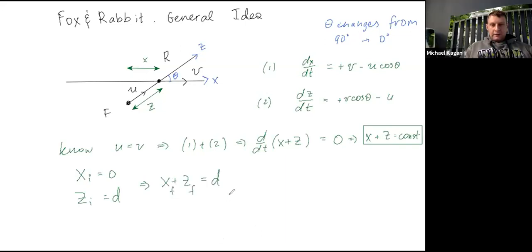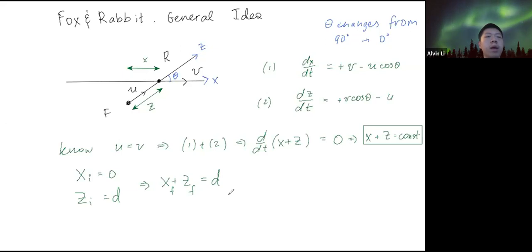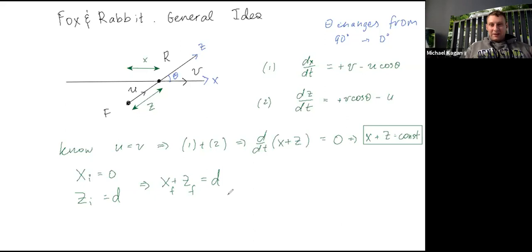Okay. Almost there. What else do we know? We know that xf equals zf. Does that make sense to everybody? Because when we're dealing with finals, theta is 0 and the two x's are just coinciding. Okay.